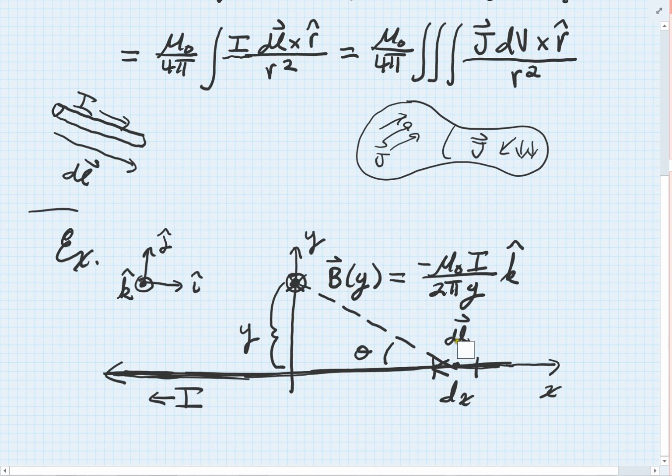What we learned in this case was that indeed the magnetic field at this location y proves to be into the page, as we denote here by the minus k hat direction, and its magnitude is just what we've been exploring and discussing with you, namely the permeability mu naught times the current divided by this famous factor of 2 pi times the distance, in this case y. So that is what we have learned so far about and through the Biot-Savart law.